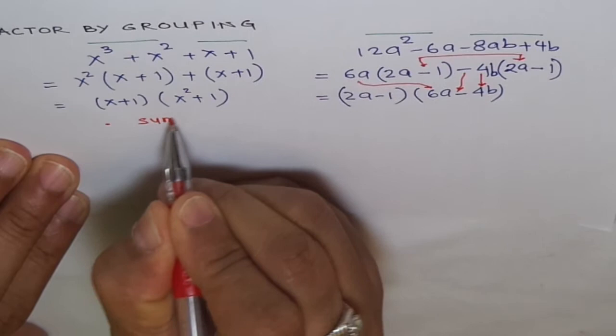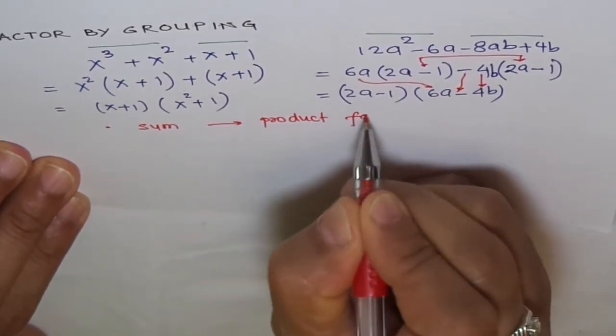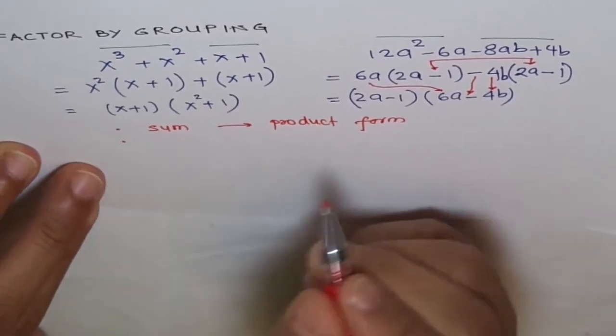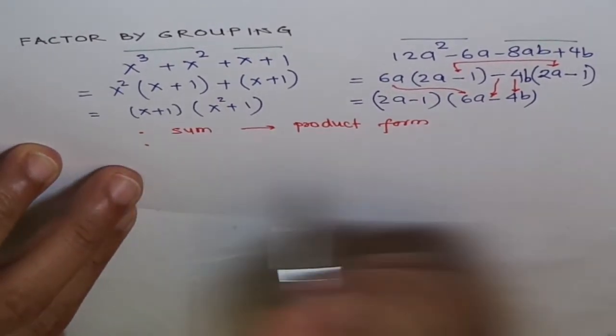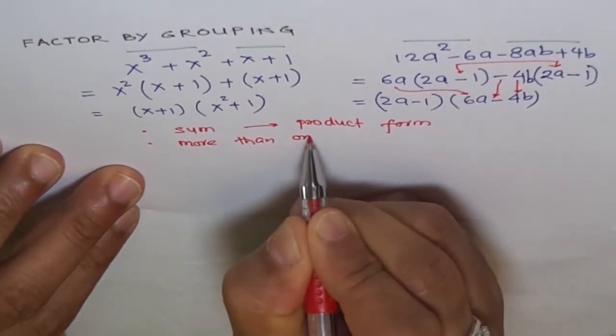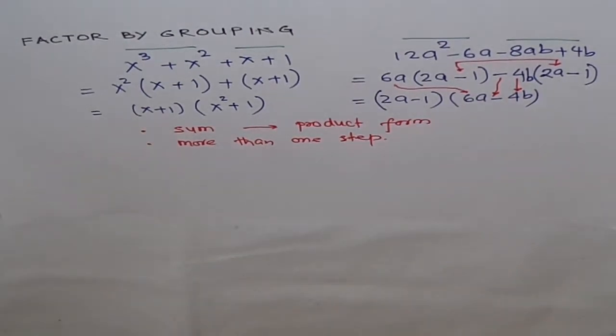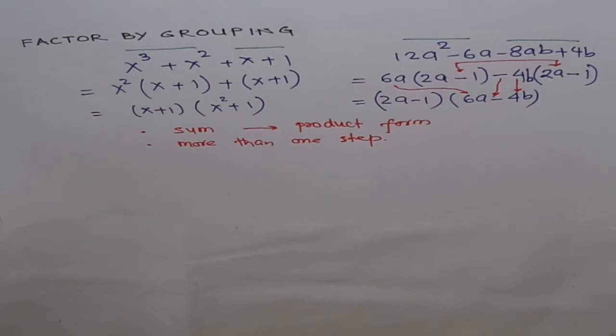We move from sum to product form, and at the end there are no common factors, and we can have more than one step in the process of factoring. This process of factoring is very, very useful. It helps to solve equations, and we will see soon in the next video how to solve application problems using factoring. Okay? I hope you understand the technique.